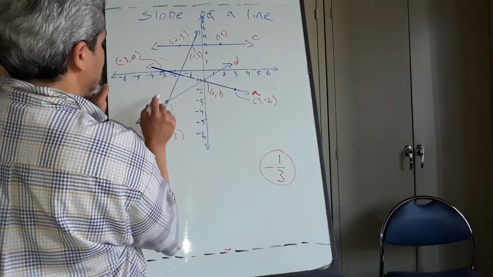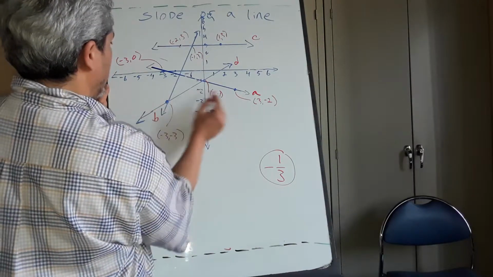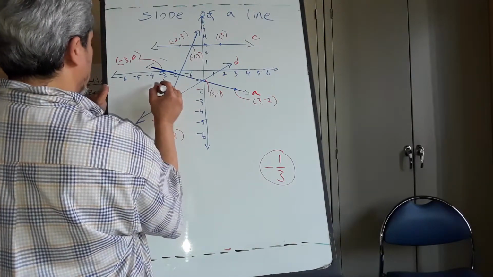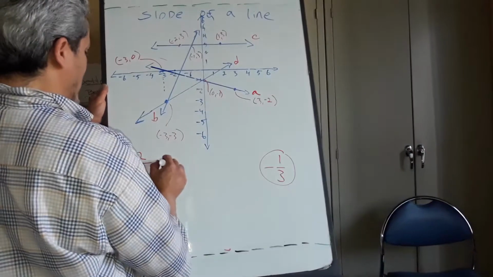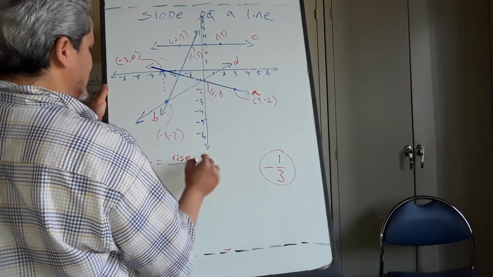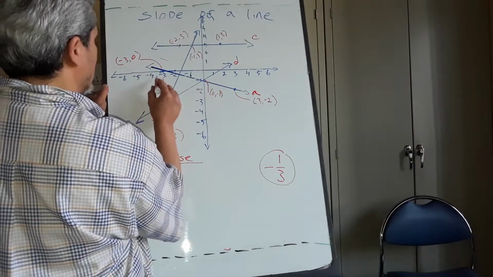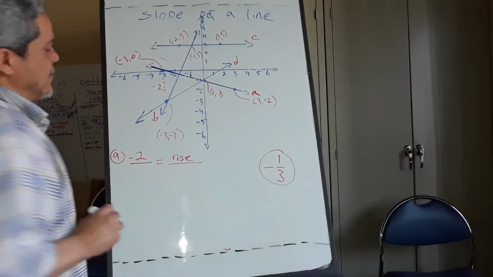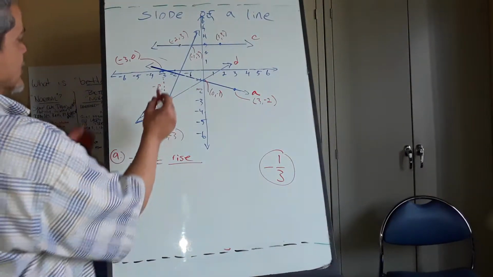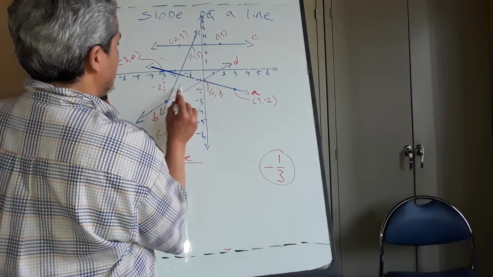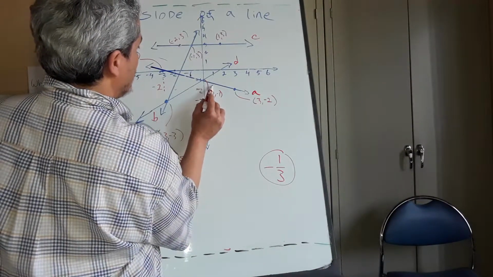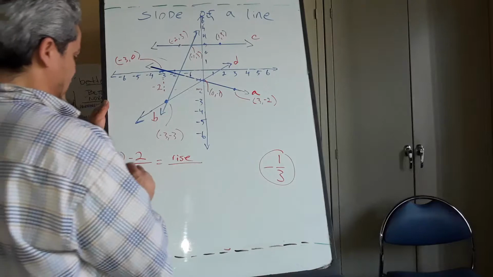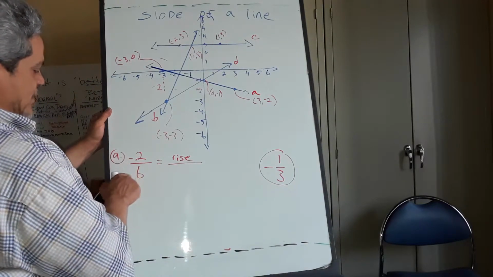You fall 2, so that is a rise, or a fall in this case, of -2. Now to the right, we have to go 1, 2, 3, 4, 5, 6, and that's to the right, so that's positive. So we have -2 over 6.